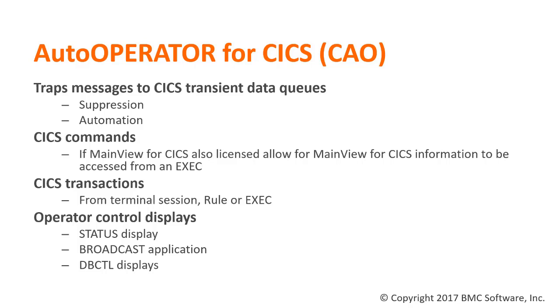There are also several panels and displays within AutoOperator for CICS that allow users to automate their CICS DB control environment when CICS is being used to communicate with an IMS region through DB control. This includes actions such as starting and stopping IMS databases, etc.